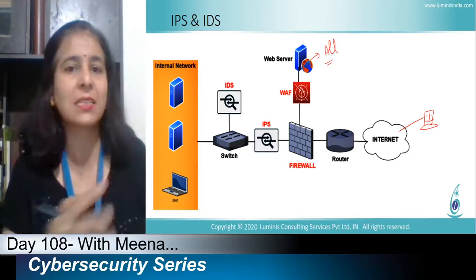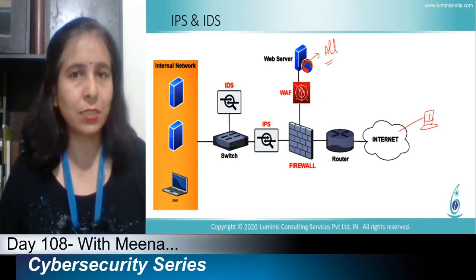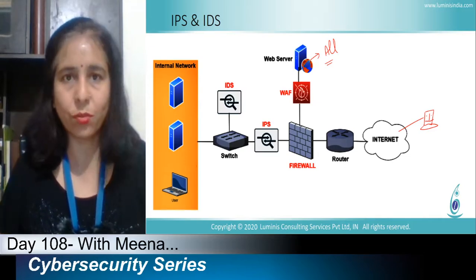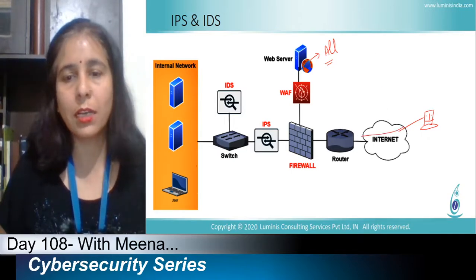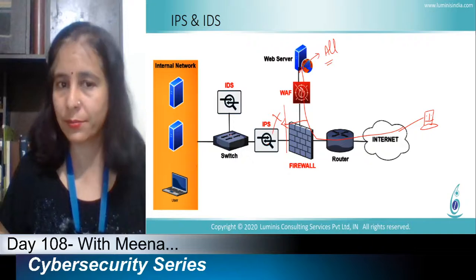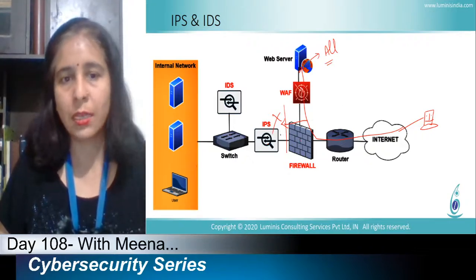So we place that web server in the demilitarized zone, so that the outside world only has access to this web server, with no entry to the network inside. Clear?